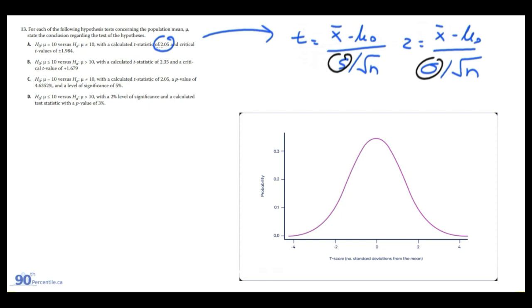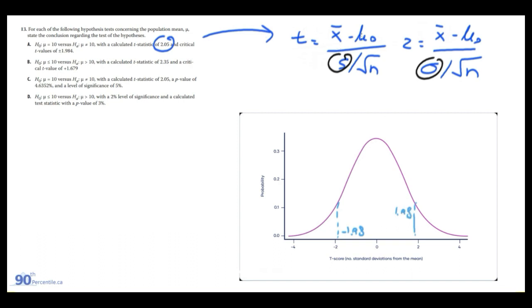Anyway, we can draw A on a chart right here. So we have critical t-values. You wouldn't really have to do this. I'm just using it as a visual. So critical t-values of negative 1.98 and positive 1.98.